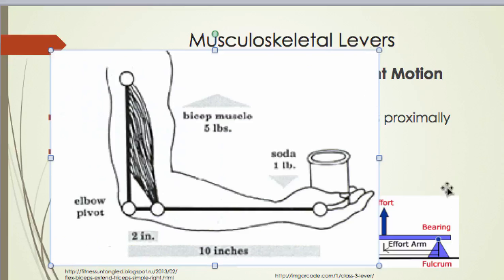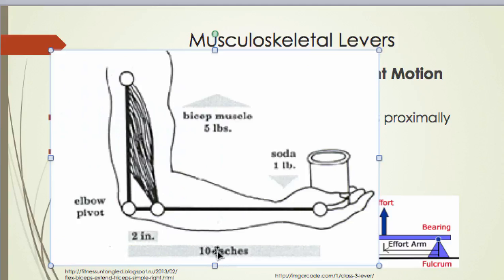So in this picture, we have a 1 pound soda can here in our hand. If the external moment arm is 10 inches, arguably, and our internal moment arm is 2 inches, then what we have to do is divide 2 into 10, we get 5.